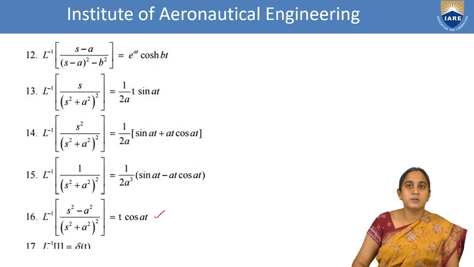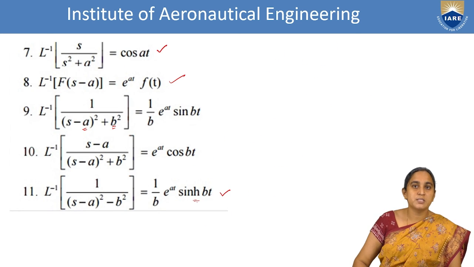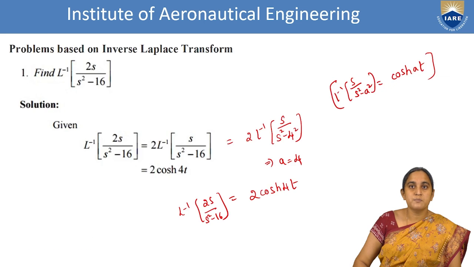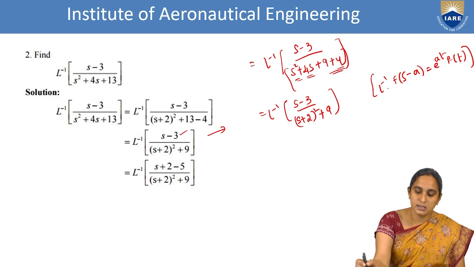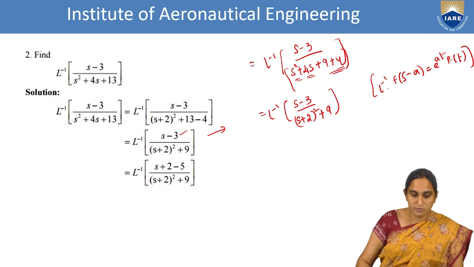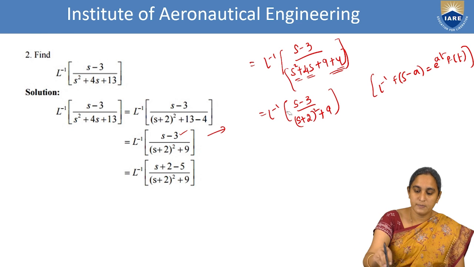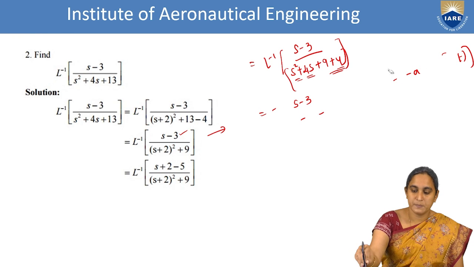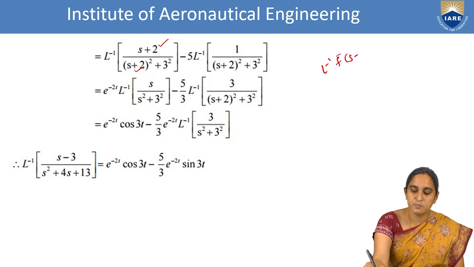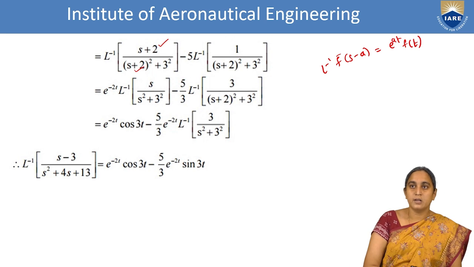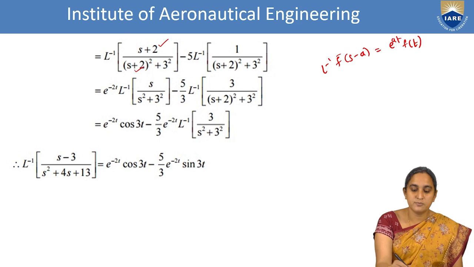Looking at the formulas here, the eighth formula: Laplace inverse of f bar of s minus a is equal to e power a t into f of t. This is the eighth formula, but I am applying this formula here.